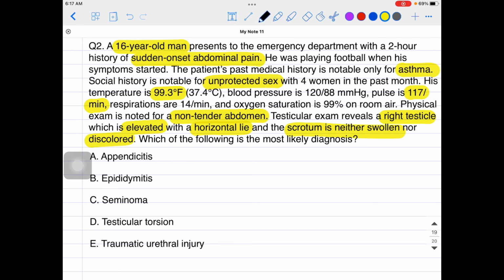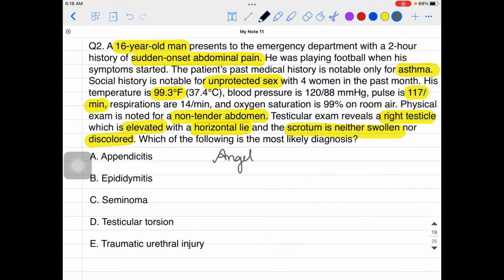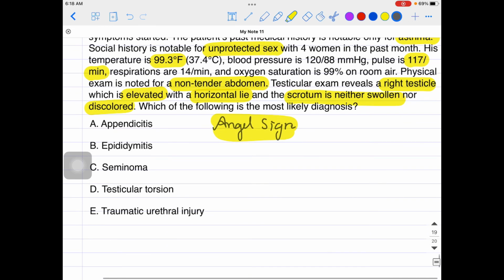So here they are talking about the angel sign, and I told you that angel sign will be seen in the testicular torsion. So what is the most likely diagnosis over here? Yes, it is very simple. That is the testicular torsion, right?